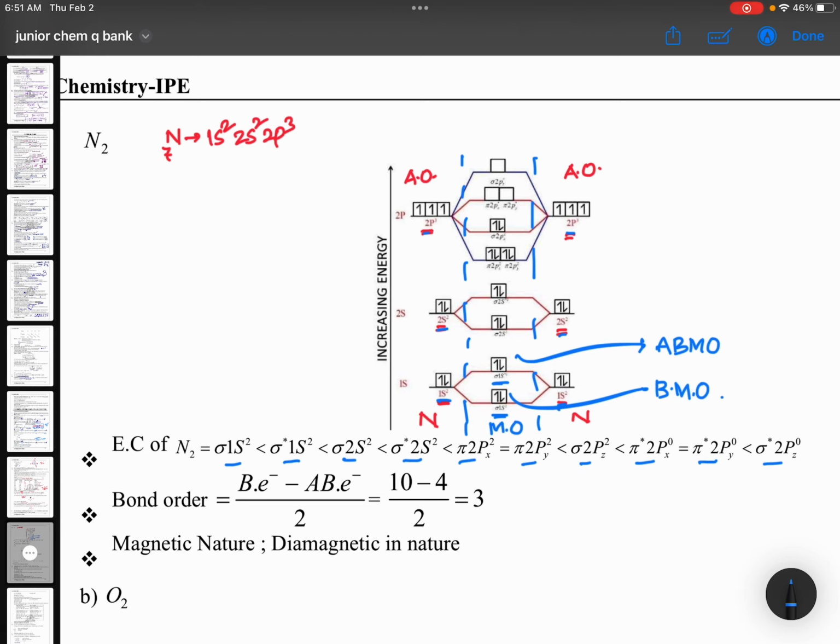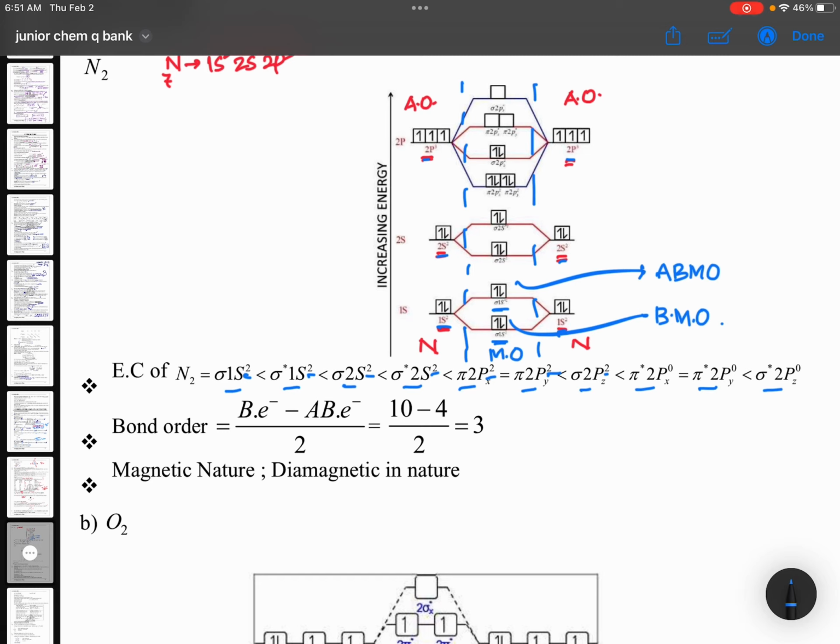So total how many electrons? Each nitrogen 7. So total 14 electrons are there. Fill them, 14. 2 here, 4, 6, 8, 10, 12, 14. 14 over. So number of bonding electrons. Bonding electrons means don't count the star ones. This one: 2, 4, 6, 8, 10.